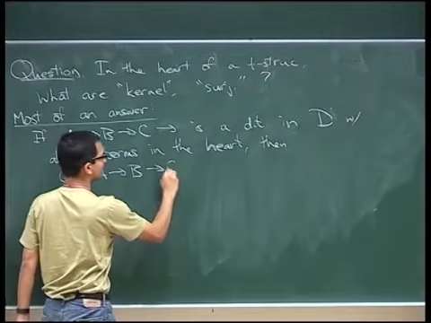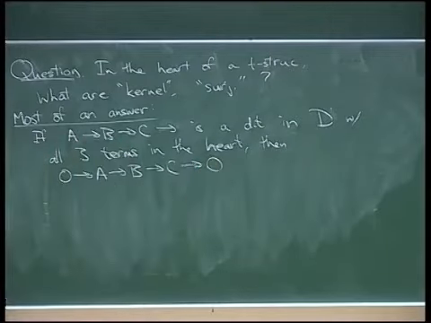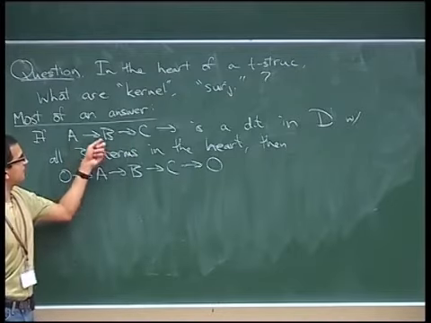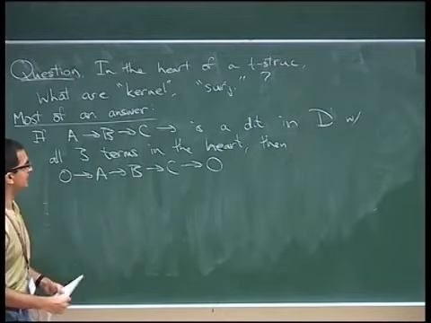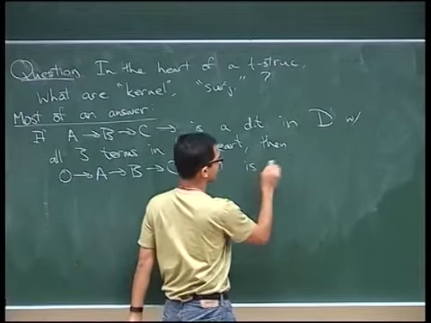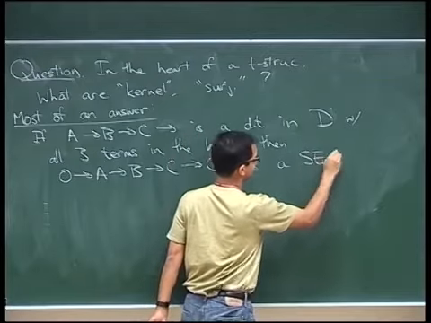I'm not changing the maps between A and B or between B and C, but I'm sticking a 0 on the beginning and the end, and then this turns out to be a short exact sequence.